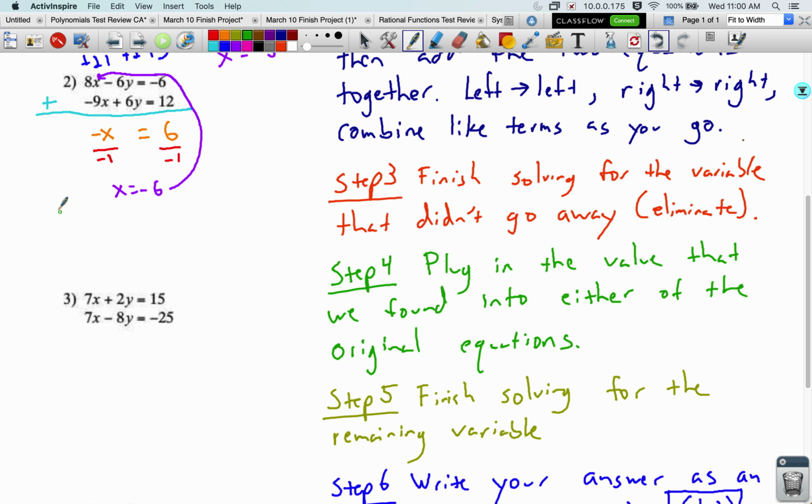All right, so now I've got 8 times negative 6 minus 6y equals negative 6. 8 times negative 6, that's a negative 48. Minus 6y equals negative 6. Add 48 to both sides. So I'm solving for this y since it's the only variable left in my equation.